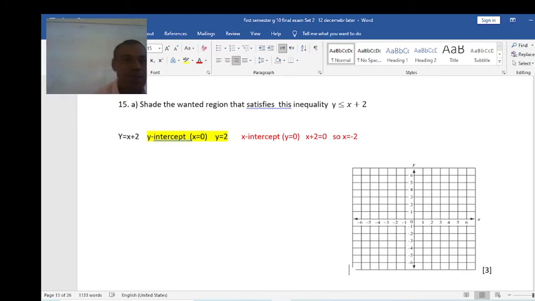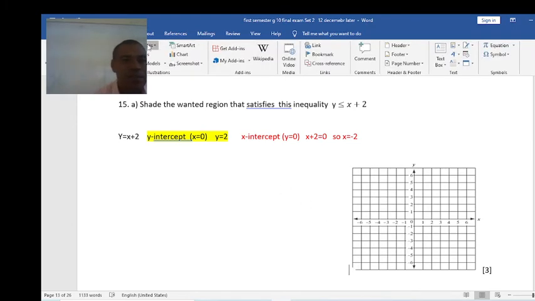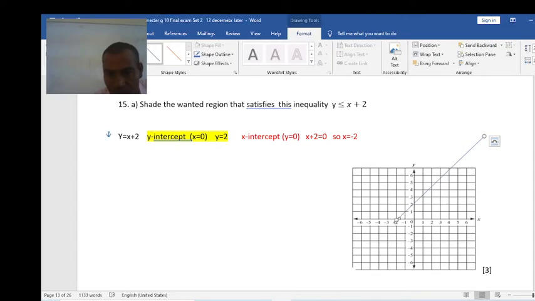This is the line when x equals 0, y equals 2. When x equals minus 2, y is 0. So from minus 2 to 2, I will draw this line, my learners. Okay. This is the line.